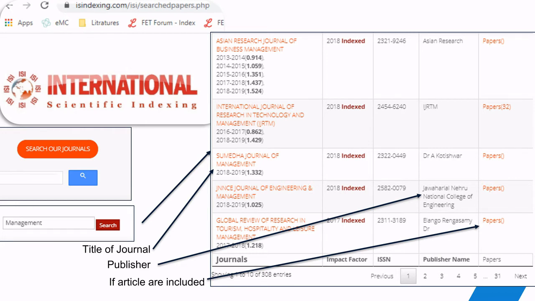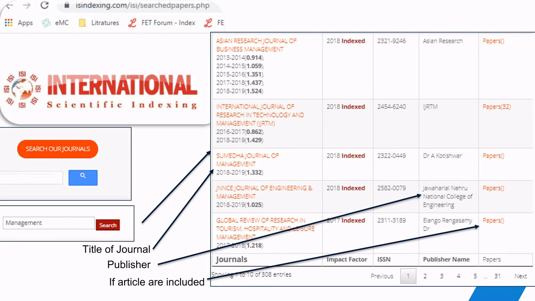Indexed journals are considered to be of higher scientific quality as compared to non-indexed journals. The ISI server provides indexing of major international journals and proceedings. Authors can get information about international journal impact factors and research papers.